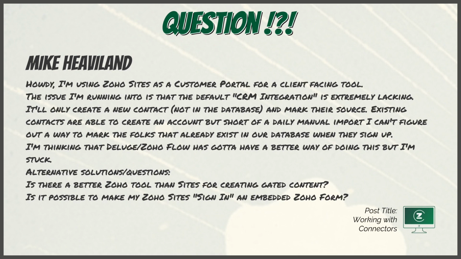Existing contacts are able to create an account, but short of a daily manual import, I can't figure out a way to mark the folks that already exist in our database when they sign up. I'm thinking the Deluge Zoho Flow has got to have a better way of doing it, but I'm stuck. Alternative solutions and questions: is there a better tool than Sites for creating gated content? Is it possible to make Zoho Sites sign in an embedded Zoho form?